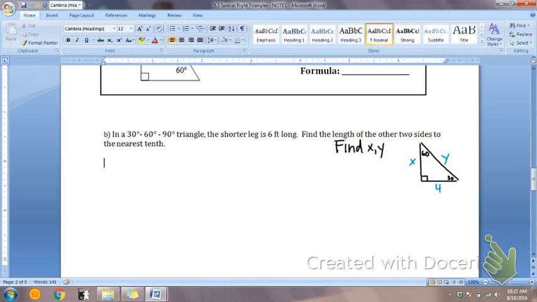Okay, so what have we been given? What piece have we been given? We have the 4, and 4 is across from 60. We have been given the long leg, right? So I've been given long leg, so I have to start with my long leg formula. Again, maybe some of you need to make yourself a note. You were given long leg, so you have to start with long leg.